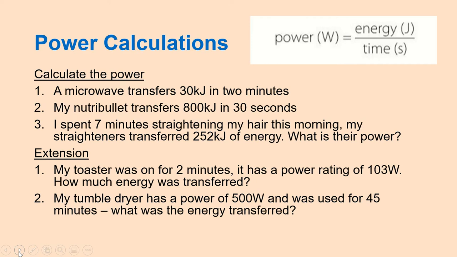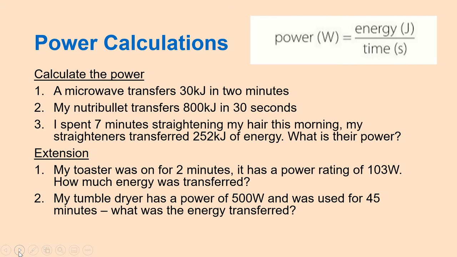Question 2. See if you can do this one on your own, remembering that the kilo in kilojoule means times by 1,000. So the energy is 800 kilojoules, so 800,000 divided by time, which is 30 seconds.